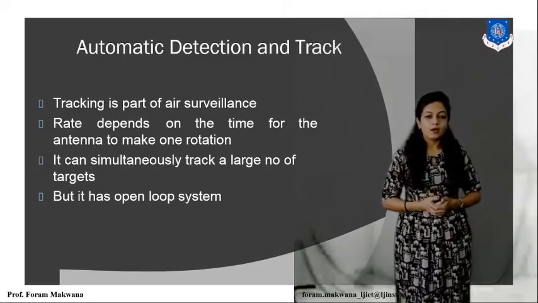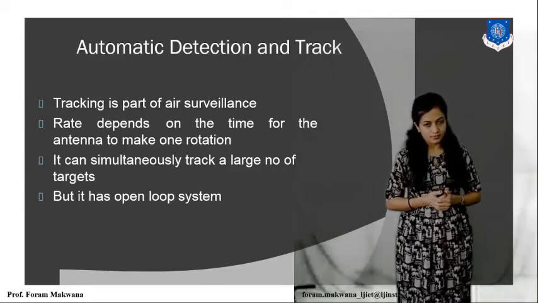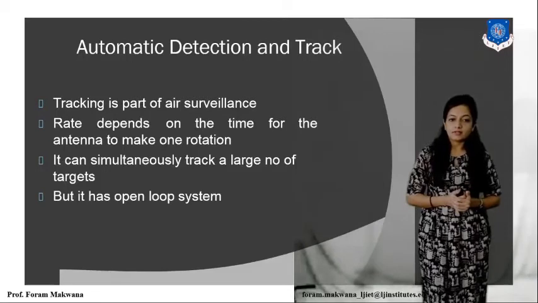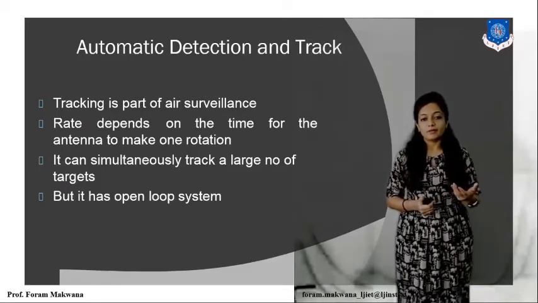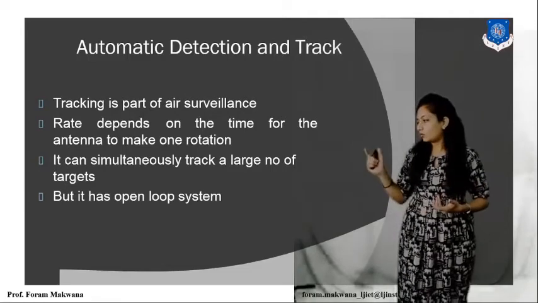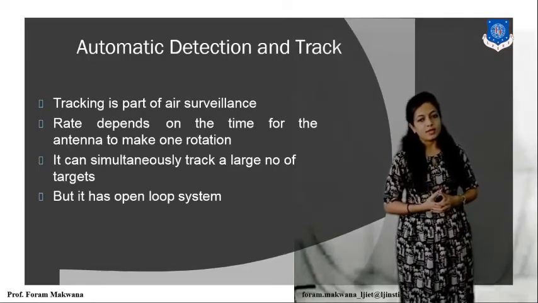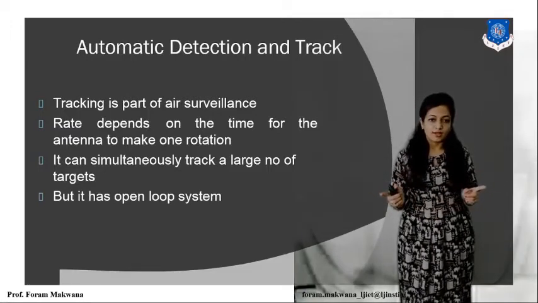Now, how is automatic detection and tracking done? The tracking is part of air surveillance. We can say that the transmission rate depends on the time for the antenna to make one rotation. So we can simultaneously track a large number of targets.